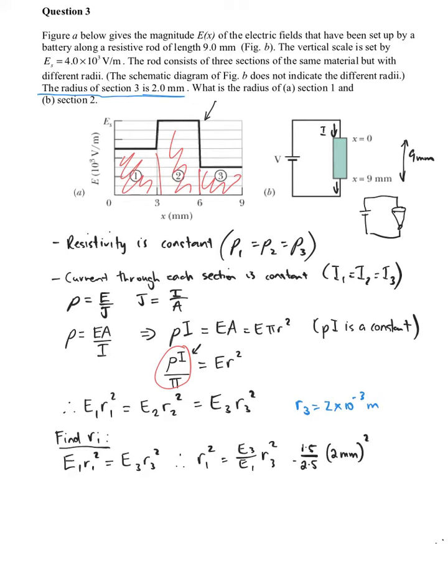So that's R1 squared. To get R1, we go square root of 1.5 over 2.5 times 2 squared. That's going to give us an answer in millimeters, and it comes out to be 1.55 millimeters. So that's R1.